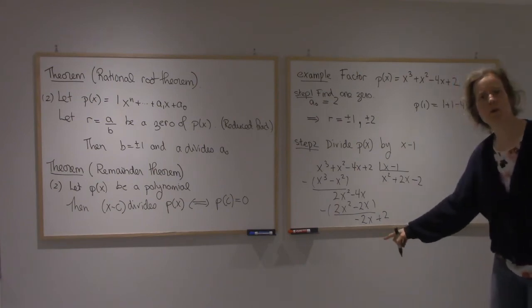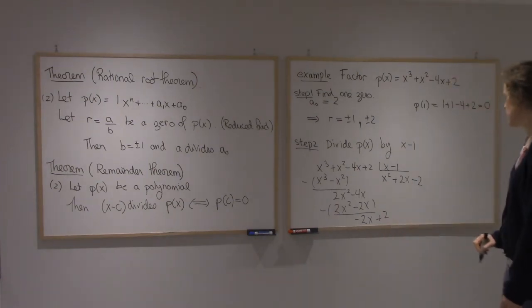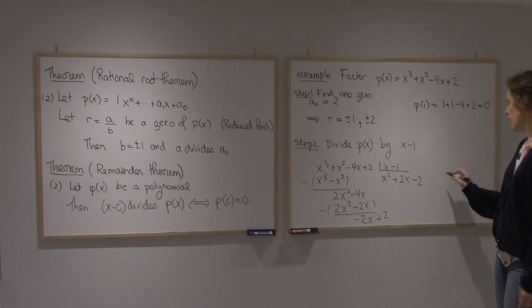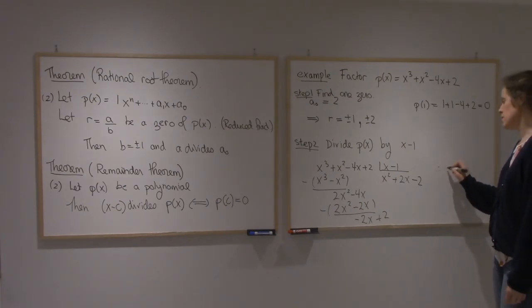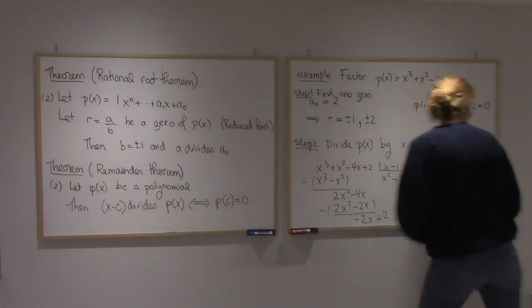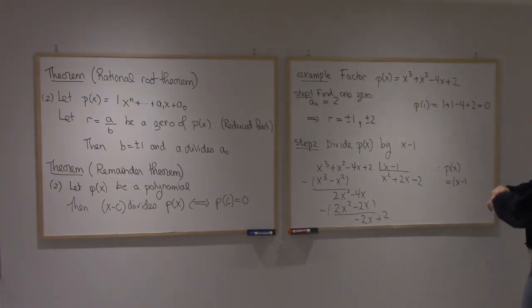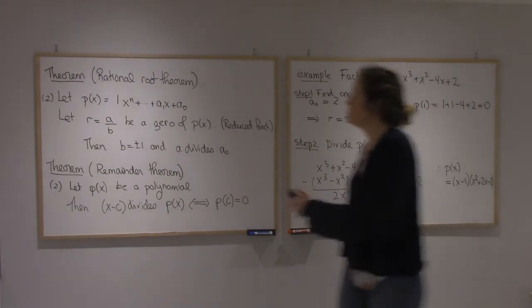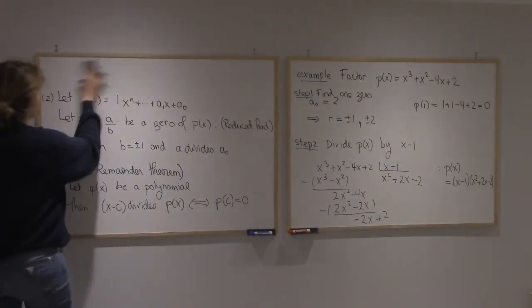I'm sorry I'm a bit low on space, but this will give me a remainder of 0. So I'm getting that p of x is x minus 1 times x squared plus 2x minus 2.